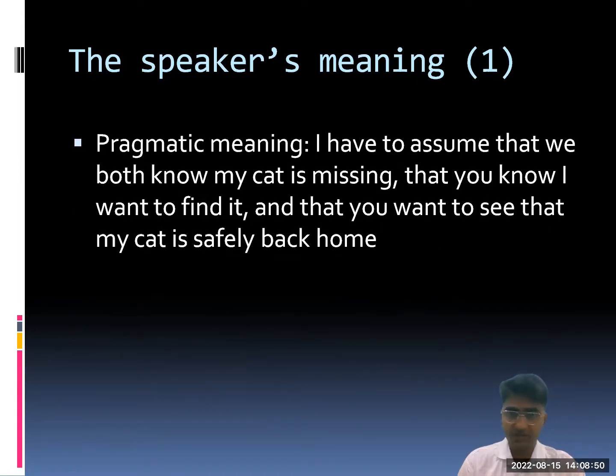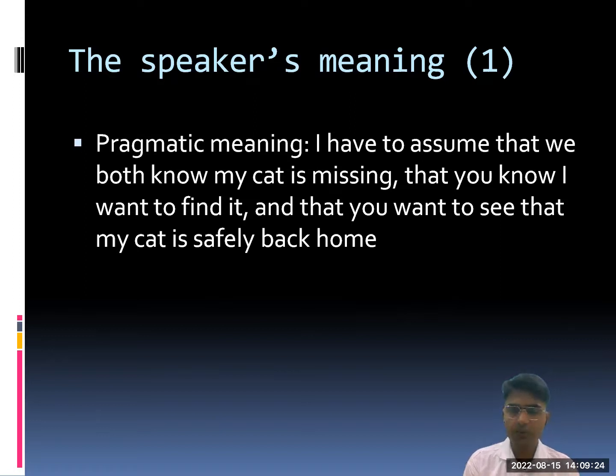The speaker's meaning of sentence one: the pragmatic meaning, I have to assume that we both know my cat is missing. The semantic meaning is that we both know, you and me, I informed you something, and now we both know this fact that my cat is missing. That I want to find it, and that you want to see that my cat is safely back home.